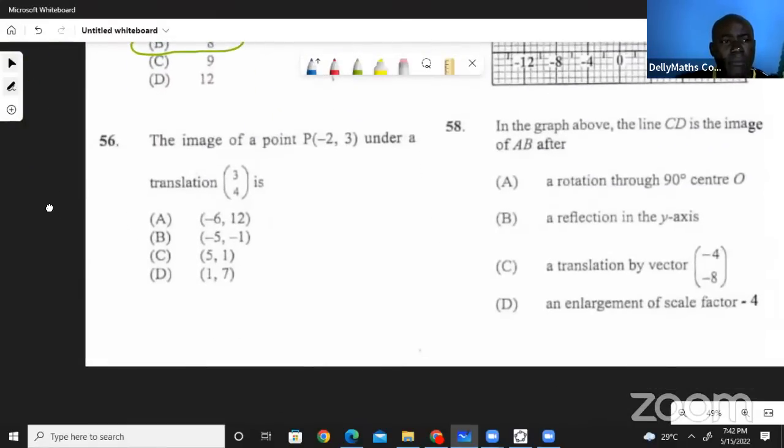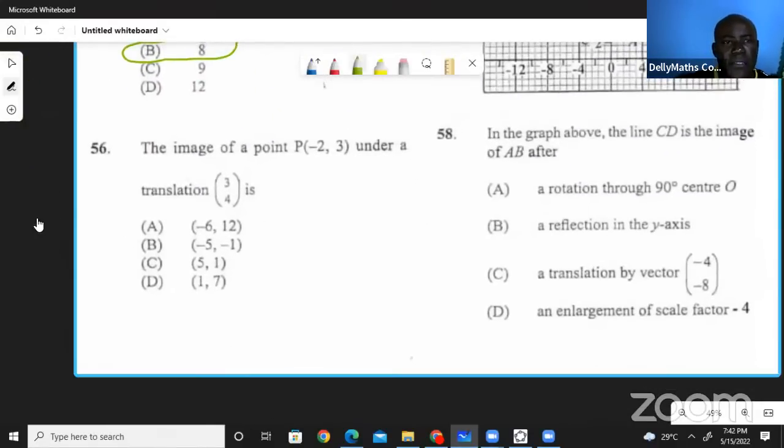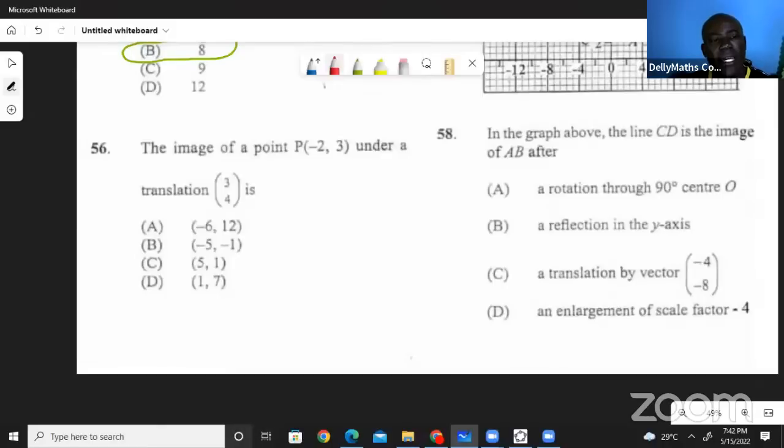Let's go to 56. 56 says here that the image of a point P, which is (-2, 3), under translation (3, 4), is what? The image of that point. Basically, same principle, we say this over and over: object plus your translation gives your image.